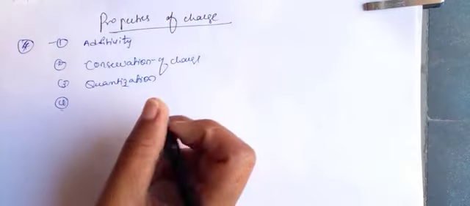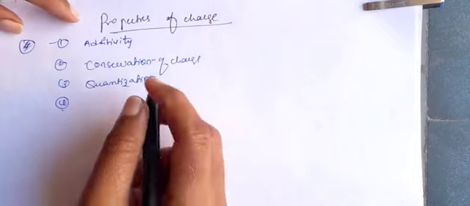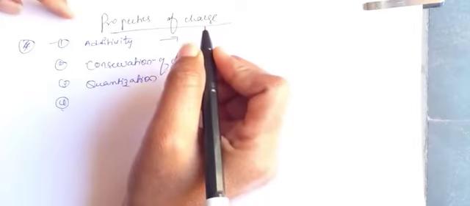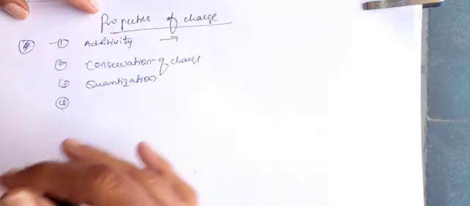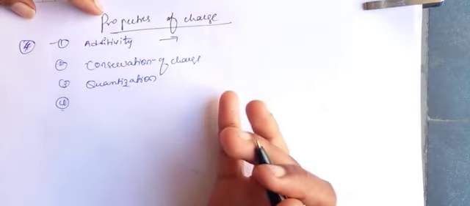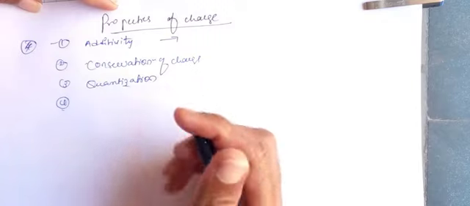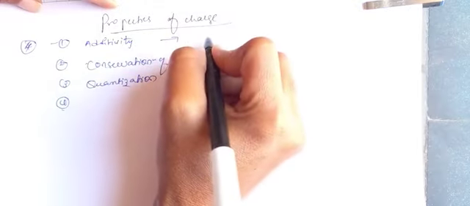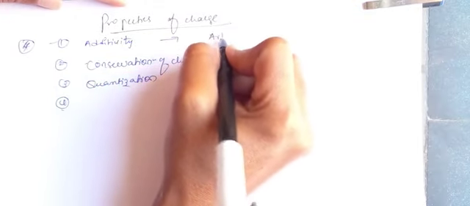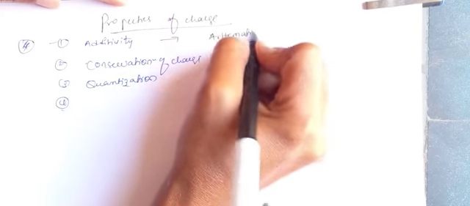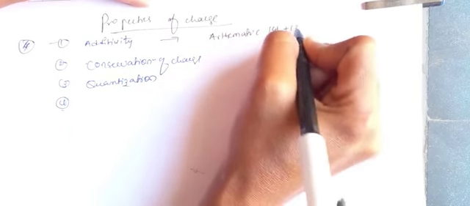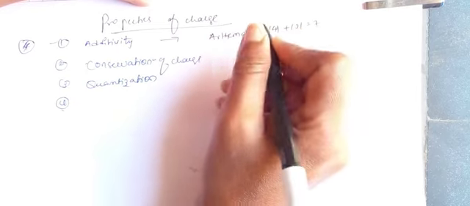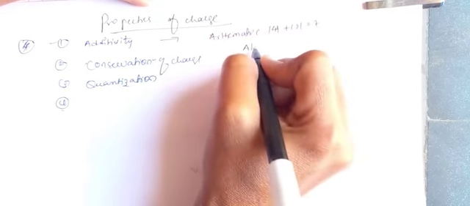Here, additivity means that in mathematics we already have many kinds of addition: arithmetical addition, algebraic addition, and vector addition. Arithmetic addition means 4 and 3 gives 7.